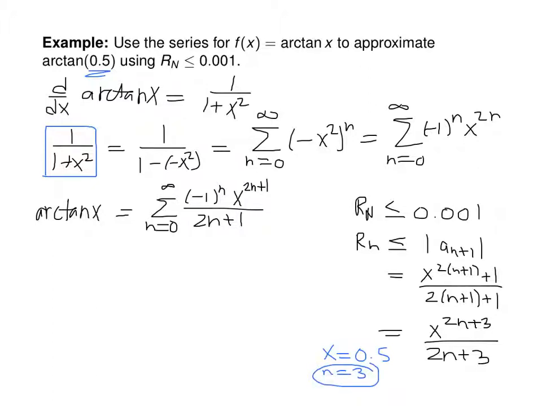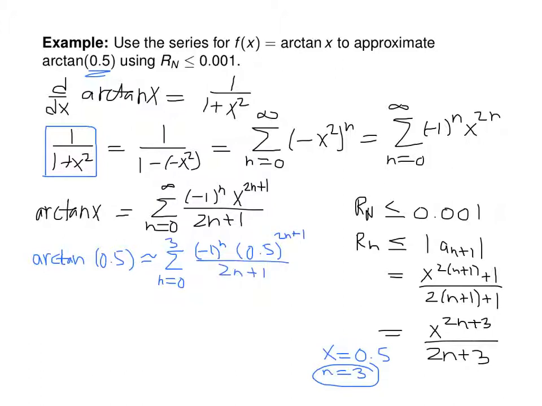So we are going to use up to n equals 3. It's actually the first 4 terms, because you start at 0: 0, 1, 2, and 3. So arctan of 0.5 will be about equal to a sum from n equals 0 to 3 of negative 1 to the n, 0.5 to the 2n plus 1 over 2n plus 1. Plugging everything in, when we plug in 0, we just have 0.5.